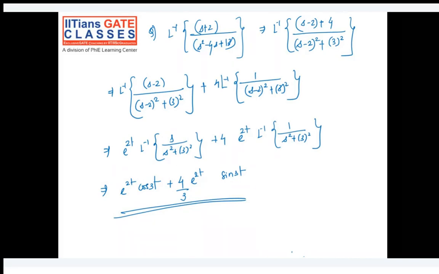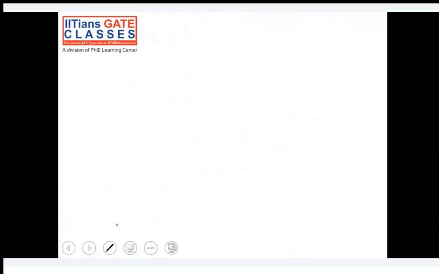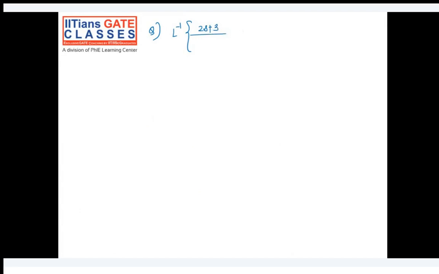Let me give you another question. Inverse Laplace of 2s plus 3 divided by s square minus 4s plus 3. So here, you have to always think, can you do the adjustment or can you do the partial fraction?